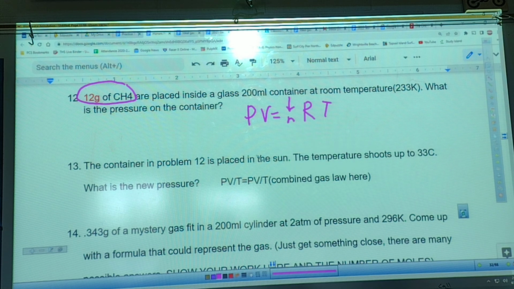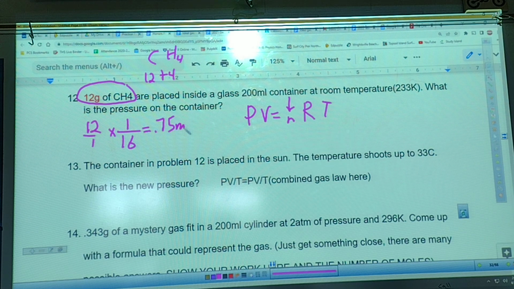You have to put moles. So you'd be like, okay, 12 over 1 times 1 over, and we know that CH4 is 12 plus 4, 16. So this is really 0.75 moles. So for n, you would put 0.75.